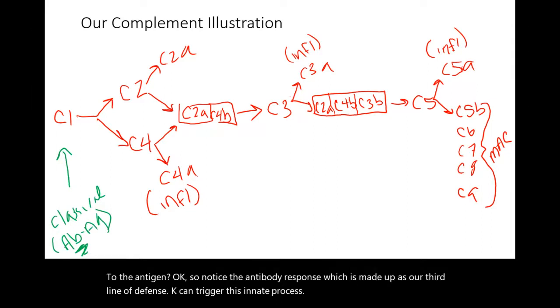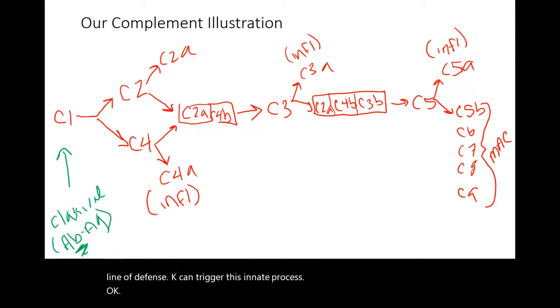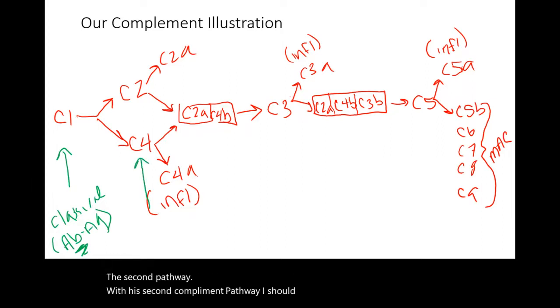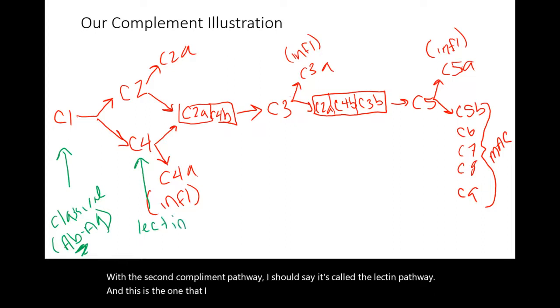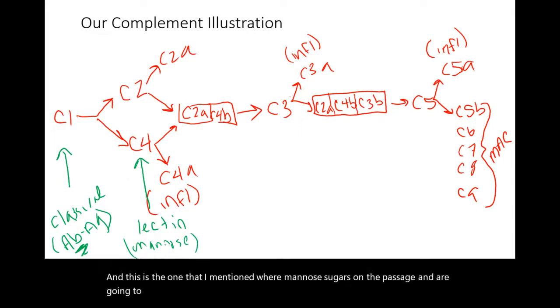Now the second complement pathway is called the lectin pathway. And this is the one that I mentioned where mannose sugars on the pathogen are going to bind to lectin molecules in the host cell, okay?